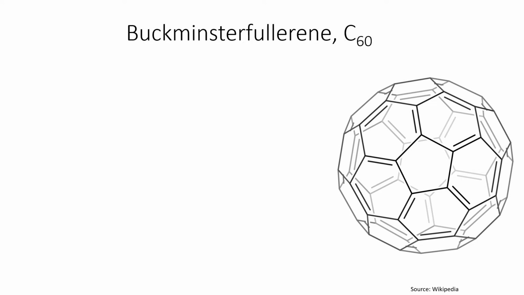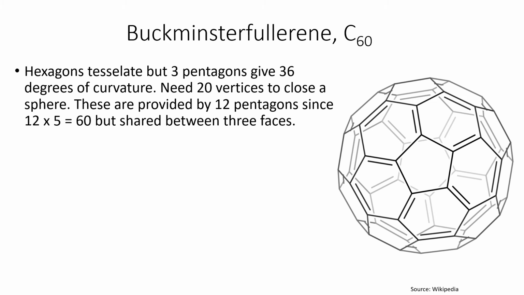Every single corner in this structure is associated with 1 pentagon and 2 hexagons. And you can see all the double bonds there are between the hexagons. So that's how it's all bonded together.